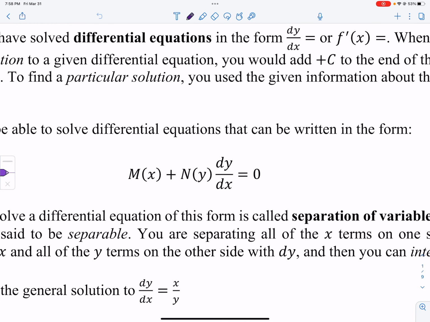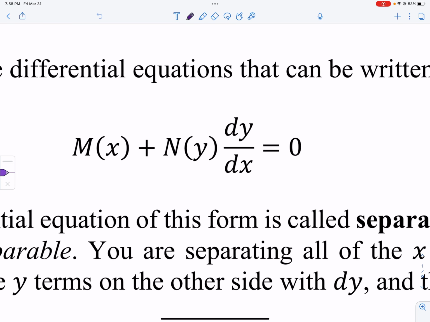I relate it to how an equation of a line you might see in standard form sometimes, or in slope-intercept form, where y is solved for, or point-slope form. But you're not necessarily going to see the equation of a line in one set form. It's just the fact that it could be written in that form. So that's what I mean here by differential equations that can be written in this form.